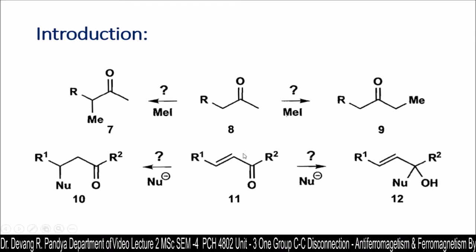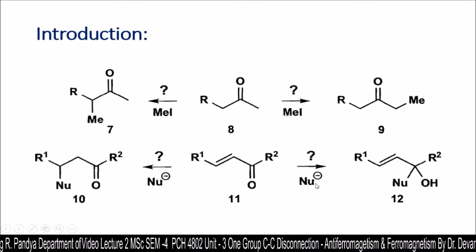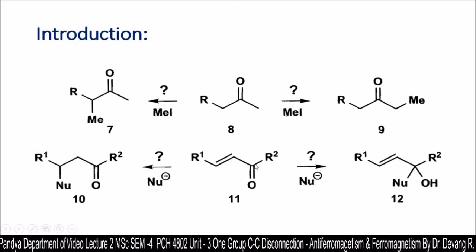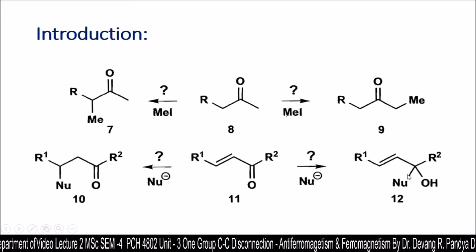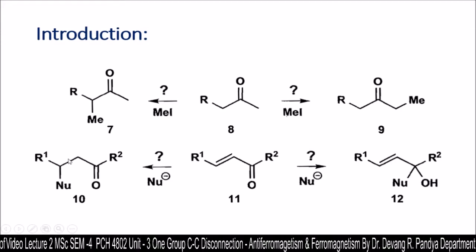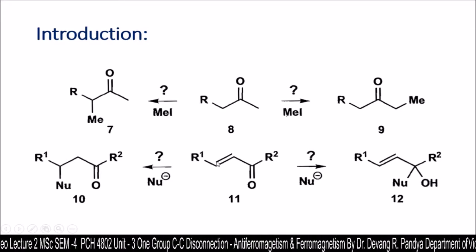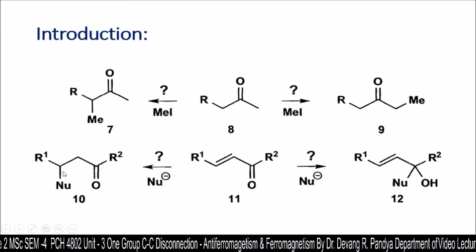Similarly, if we have an enone kind of compound and we treat it with any nucleophile, then if the nucleophile attacks the carbon of the carbonyl group, we get structure 12. And if the nucleophile attaches on the conjugate side, that is in this double bond, then that addition reaction gives us structure 10.